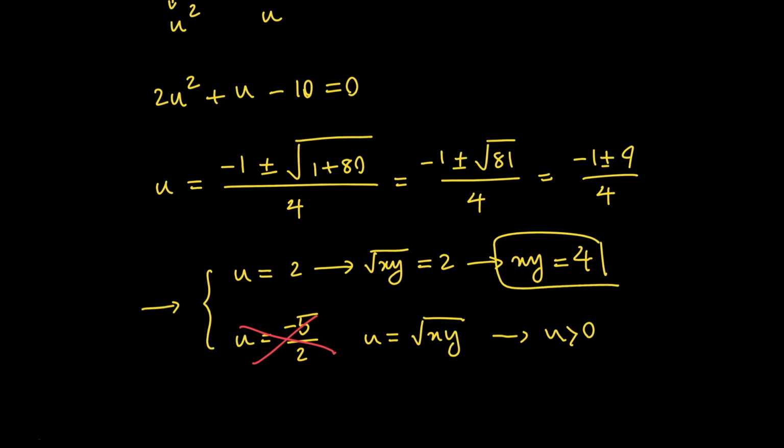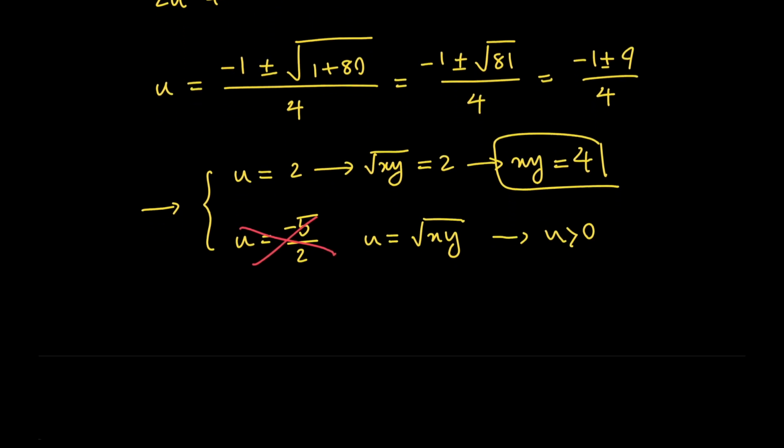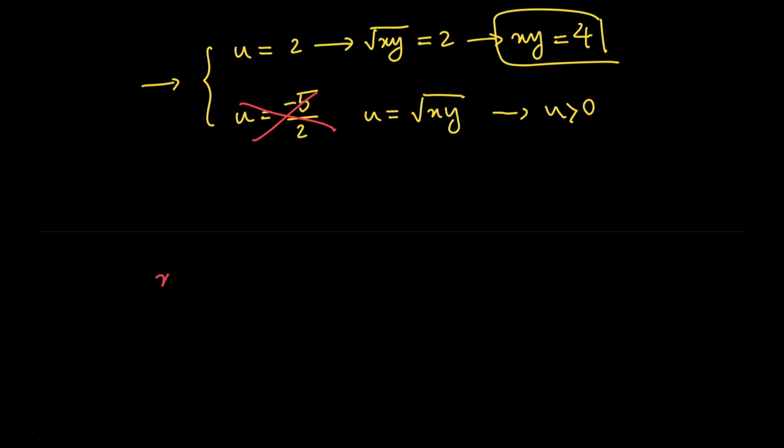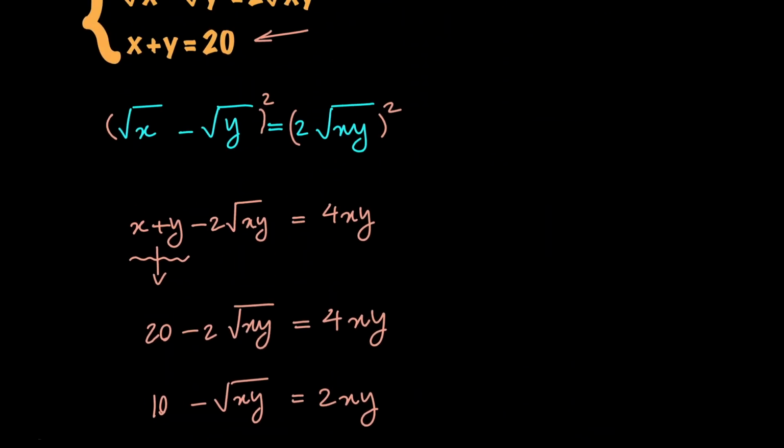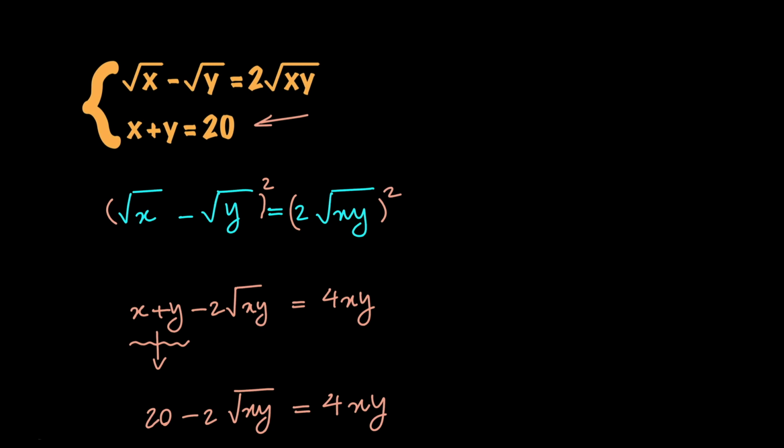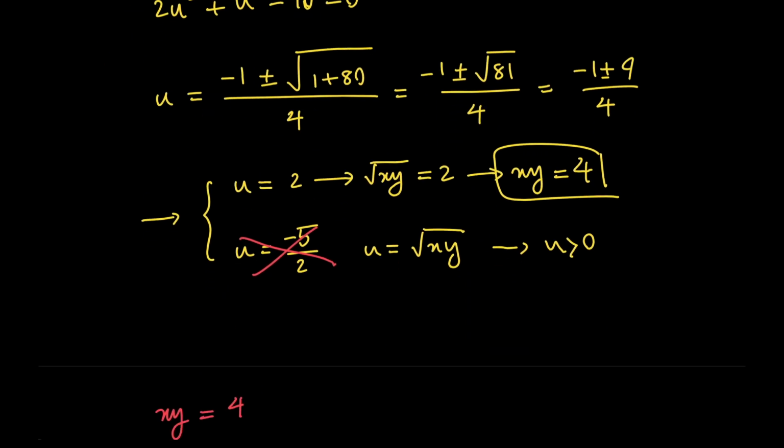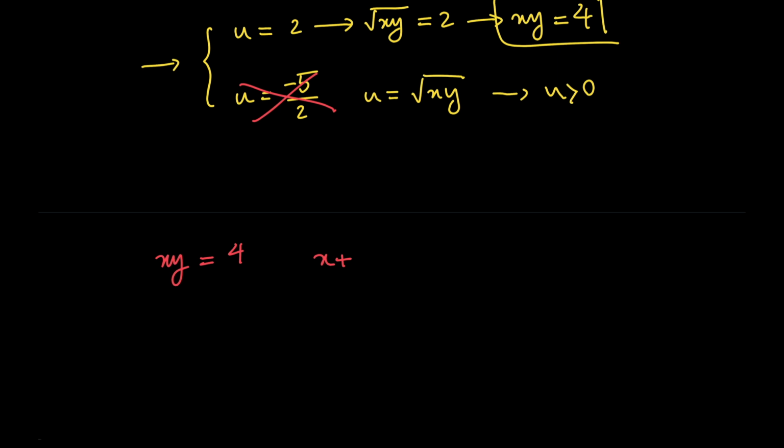Great. So up till this point, we found out that x times y is 4, and you were given that x plus y is 20. Great. So let's use these two equations to solve for x and y.